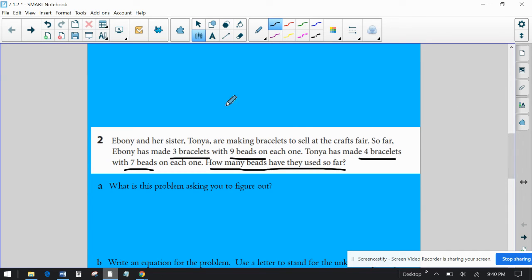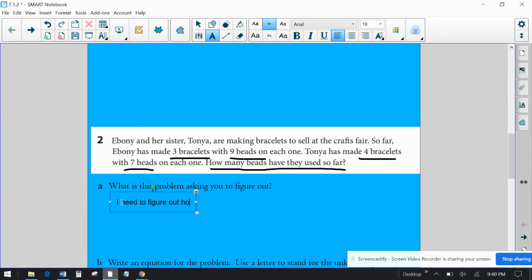Okay, so first of all, let me take a step back. What is this problem asking you to figure out? I need to figure out how many. The first step would be how many beads Ebony used in her bracelets.